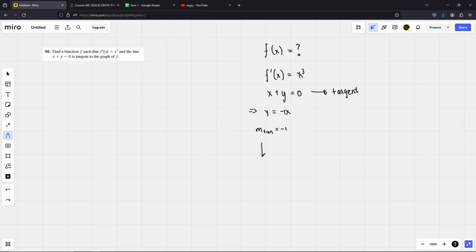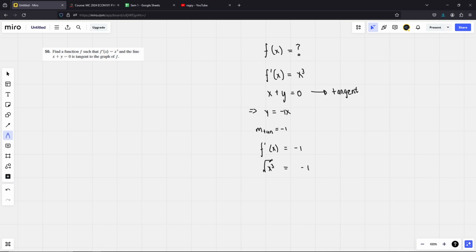So let me set f prime equal to minus 1. Now why would I do this? Well, I already know the slope, and I want to know at what x value that occurs, and that's going to be useful. So f prime is x cubed, and that's going to be equal to minus 1.